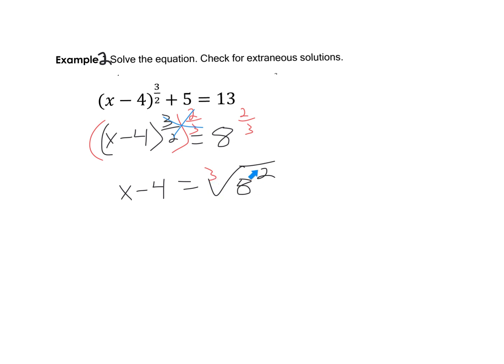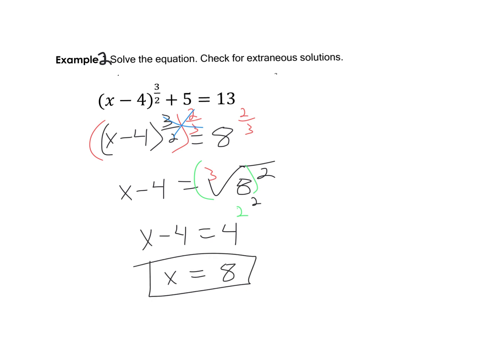You can work this out on your calculator, but the cube root of 8 is 2, and 2 squared is 4. So my equation is x - 4 = 4. So then I add 4 to both sides, and x equals 8. And that is our only solution.